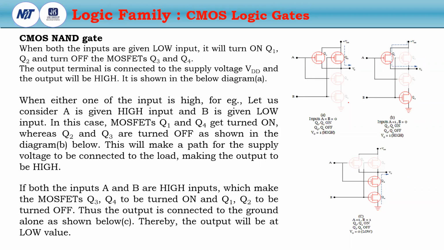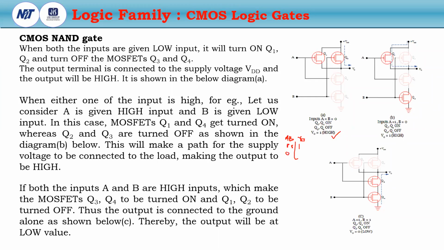Then VCC will come to the output through Q1 and Q2, and you will get logic 1. These are the inputs A and B, and this is the output Y, or V0. So if the input is 0, 0, then you will get logic 1.